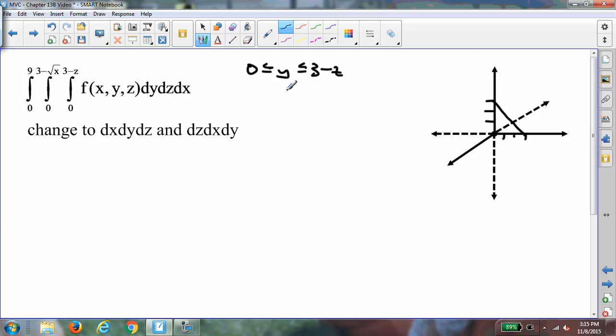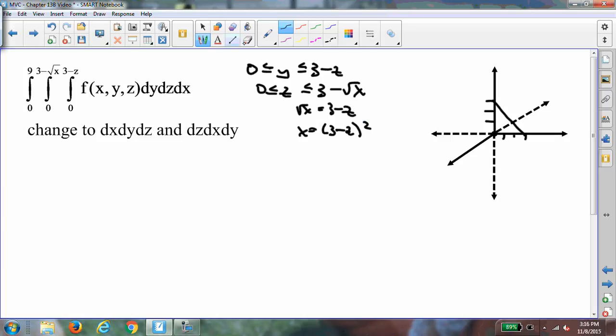Z goes from 0 to 3 minus square root of x. So if I solve for this, just so it's easy for me to see, that would mean that root x equals 3 minus z, or x equals (3 minus z) squared. So I know I have a parabola shape as well.